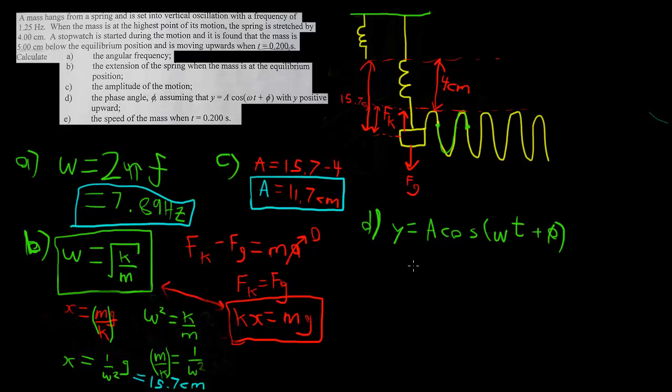And so what do we know? Well, we know A, we know omega, and we know one more thing from what they give us in the question, and that is that at 0.2 seconds the mass is 5 centimeters below equilibrium. So y at 0.2 is -5.